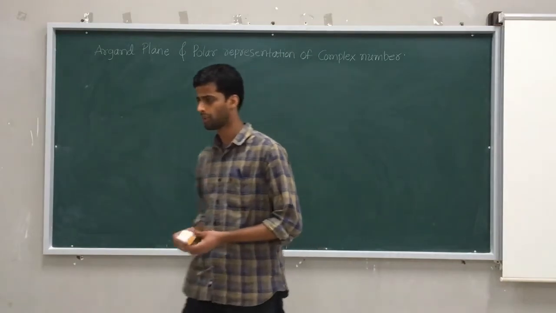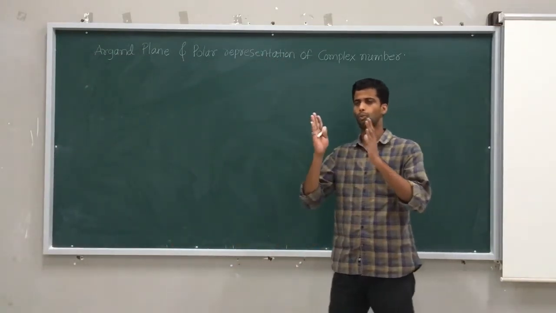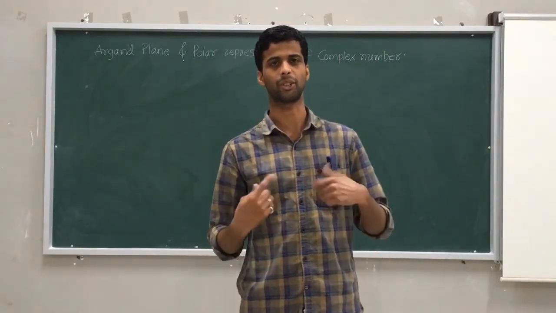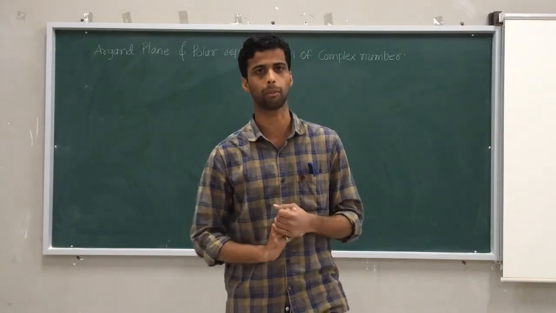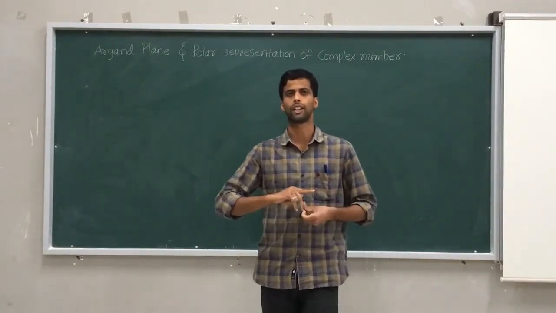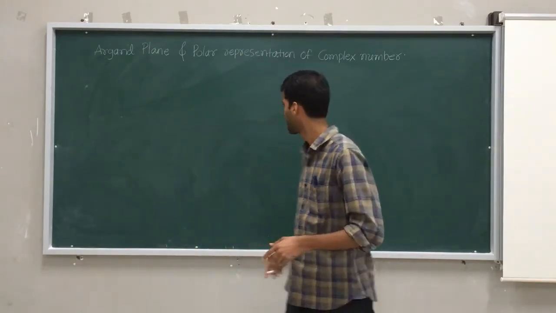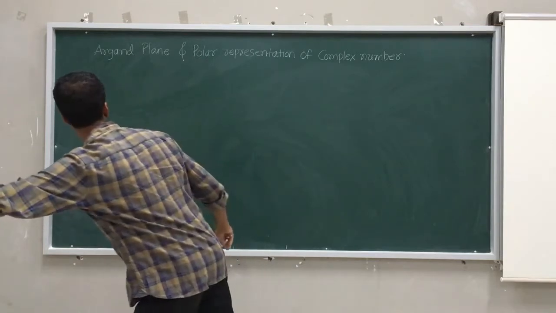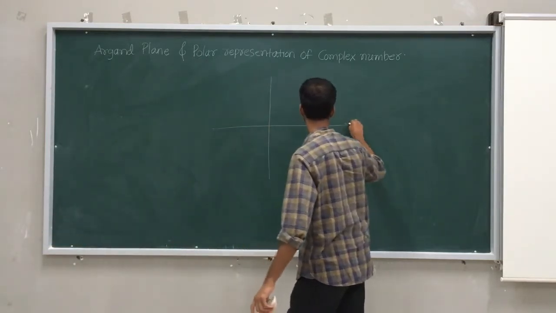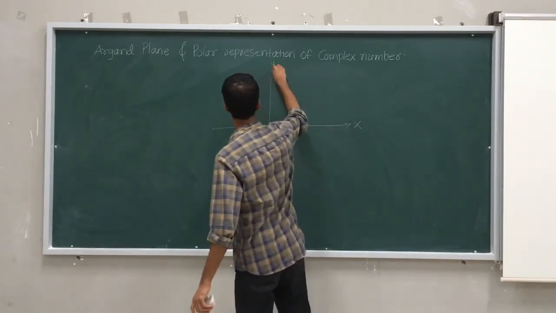We all know the way to represent points in Cartesian coordinates. You have all studied analytical geometry in your lower classes. Or let me take a very basic word, that is coordinate geometry. What people usually do is, we take a coordinate point x, y.